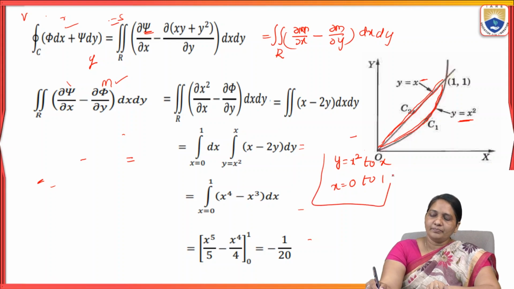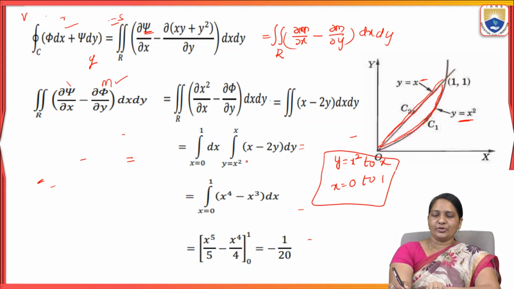From these limits we replace: integral from 0 to 1 of dx, integral y equals x square to x of (x minus 2y) dy.